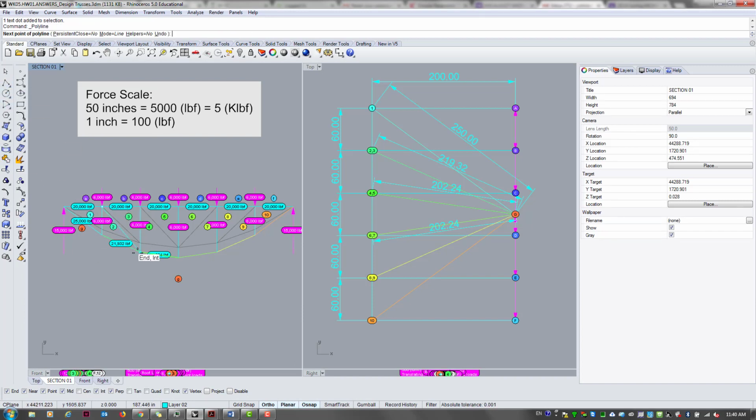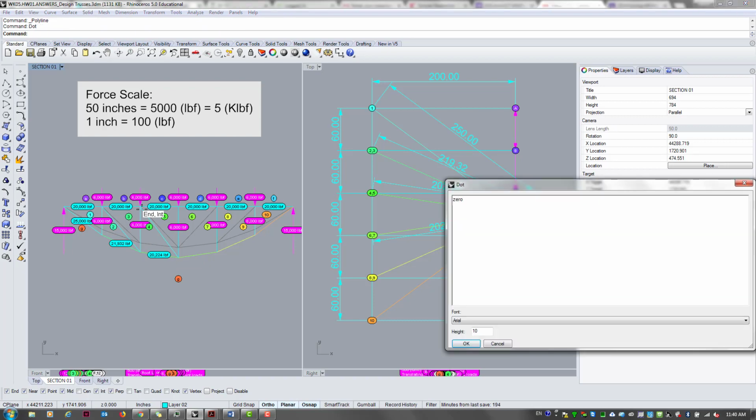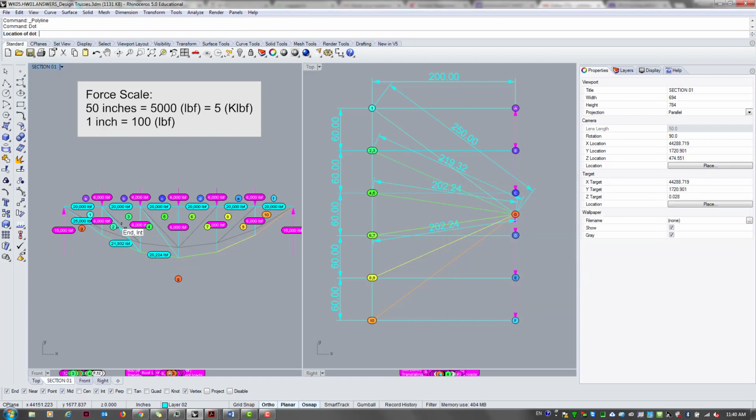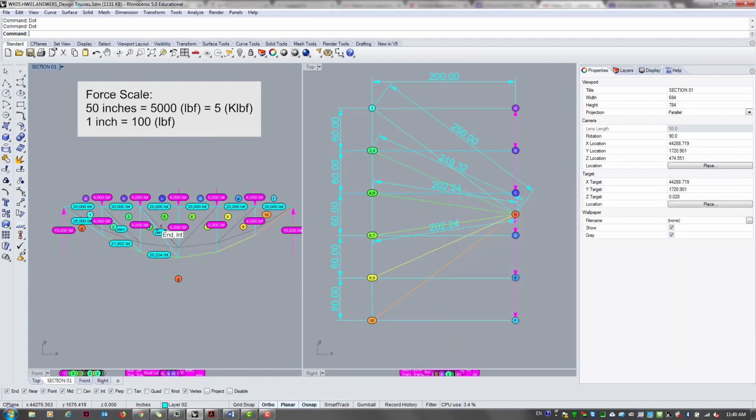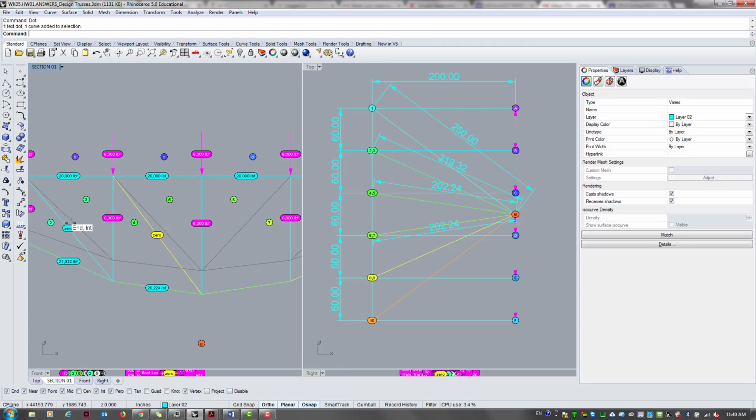And all of the diagonals are 0. And I can mirror all of that.